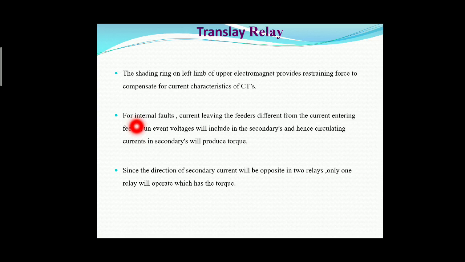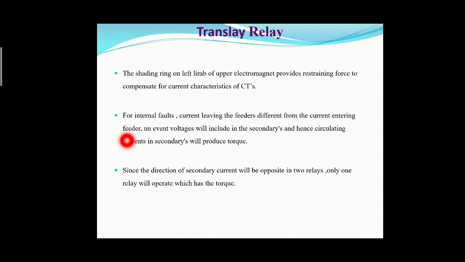Okay, for internal faults, the current leaving the feeder differs from the current entering the feeder. For a no fault condition or an external fault condition, the entering current will be equal to the leaving current.